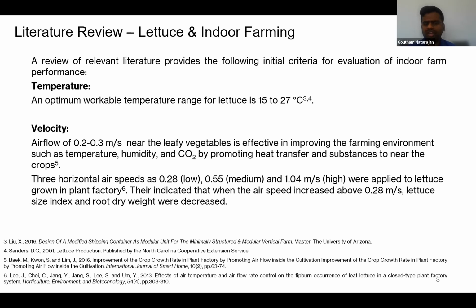But when the airflow is below 0.28, there is a decrease in the transpiration rate, which increases the tip burn effect, which is not really an ideal case for any lettuce plant. So this is where we understood the important characteristics and the values through our literature review.